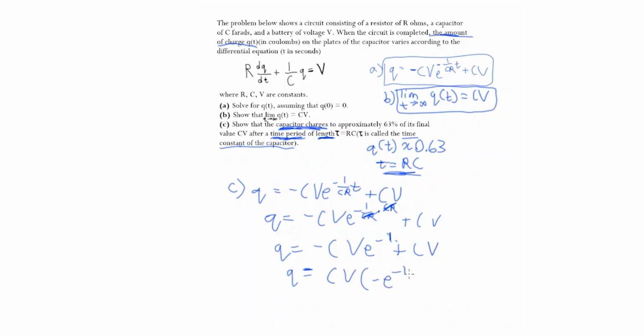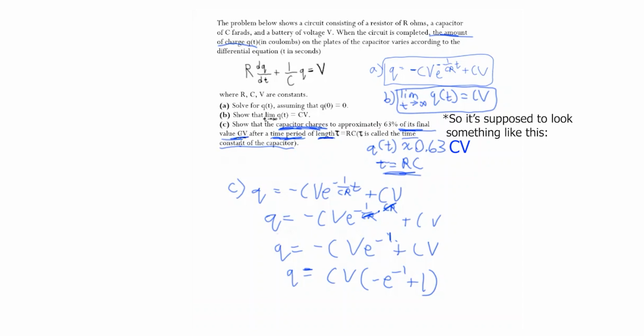Negative e to the negative 1 plus 1. There was one thing that I forgot to mention. It says that 63% of its final value CV. So we can leave CV as it is. We don't have to worry about what value CV comes out to because they're mystery constants. We wouldn't be able to figure them out anyways.